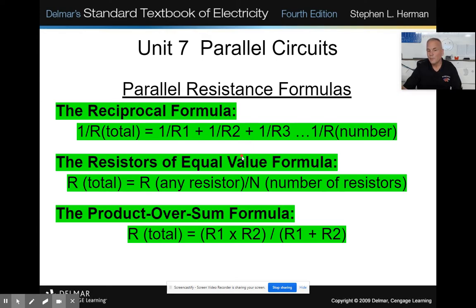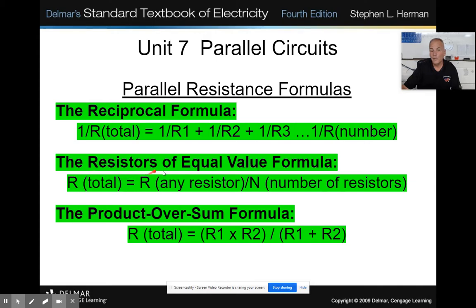Basically, if you have three resistors in the circuit, you want to take the value of the first resistor, get the reciprocal of it, add it to the reciprocal of the second one, add it to the reciprocal of the third one, and whatever that total is, you're going to take the reciprocal of that total, and that will be the value of the total resistance. I know that sounds really complex. If that just blew your mind, forget about it for now. Just write it down, and we'll deal with it later.